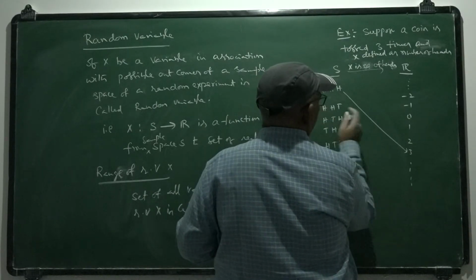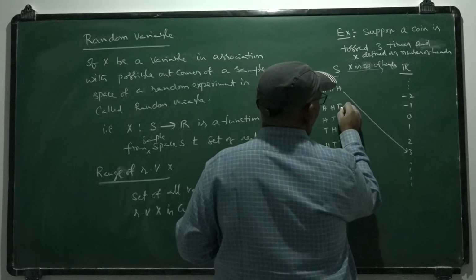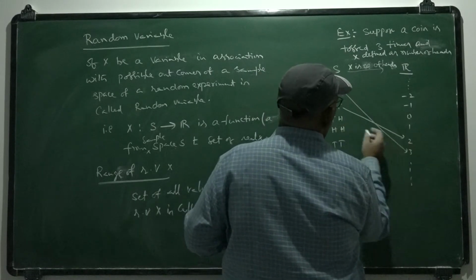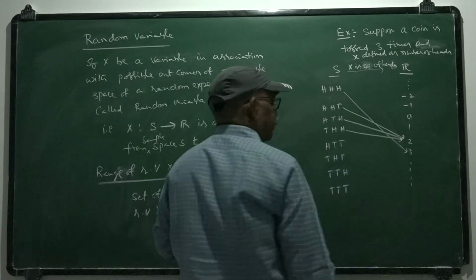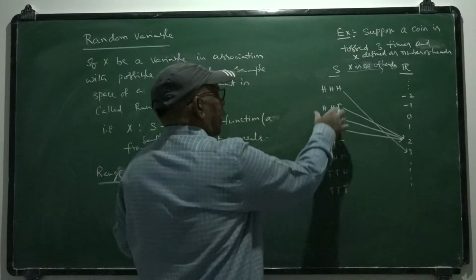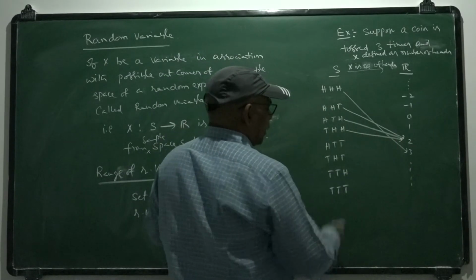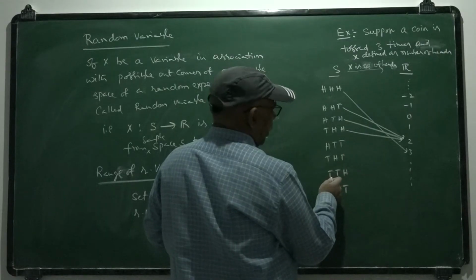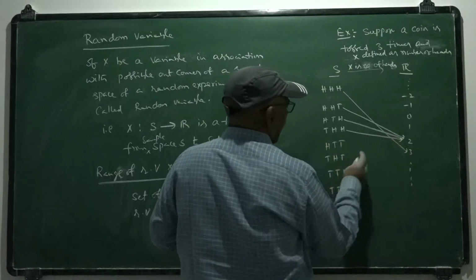In the case of HHT, the number of heads is 2, hence this possible outcome is mapped to 2, and so are these other two. These 3 possible outcomes are mapped to 2 only. Similarly, these 3 possible outcomes are mapped to 1, because there is only one head.